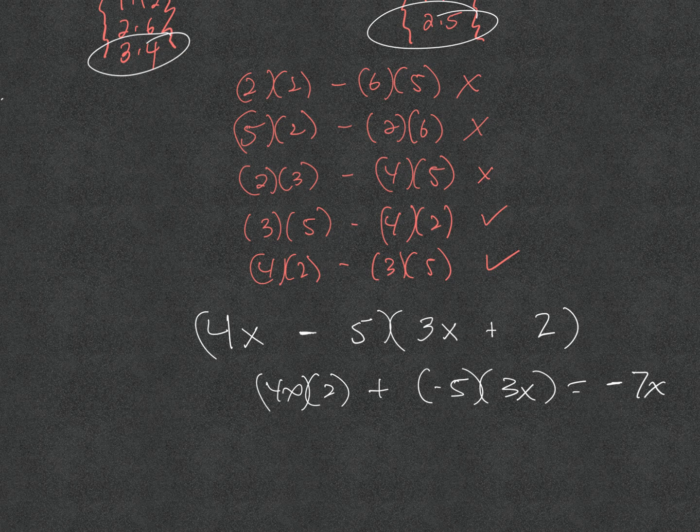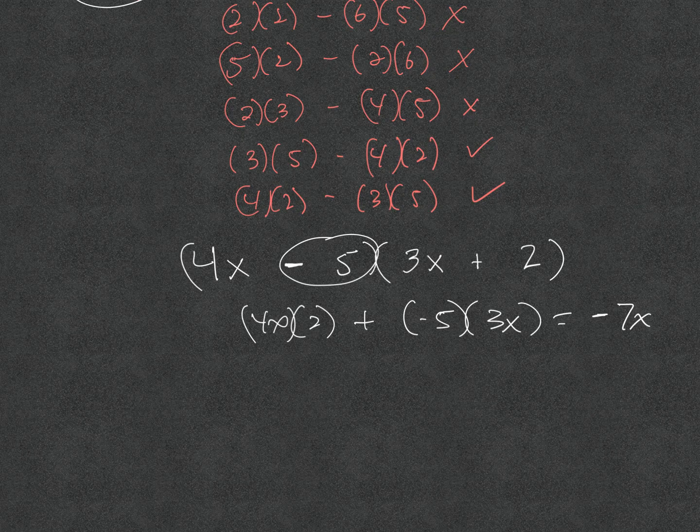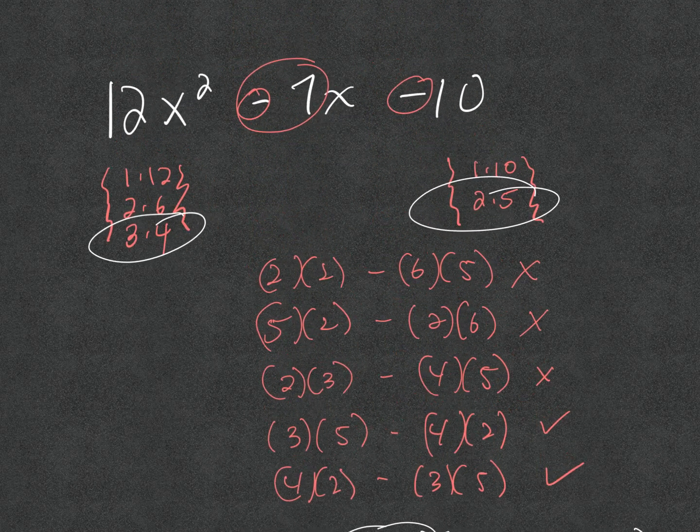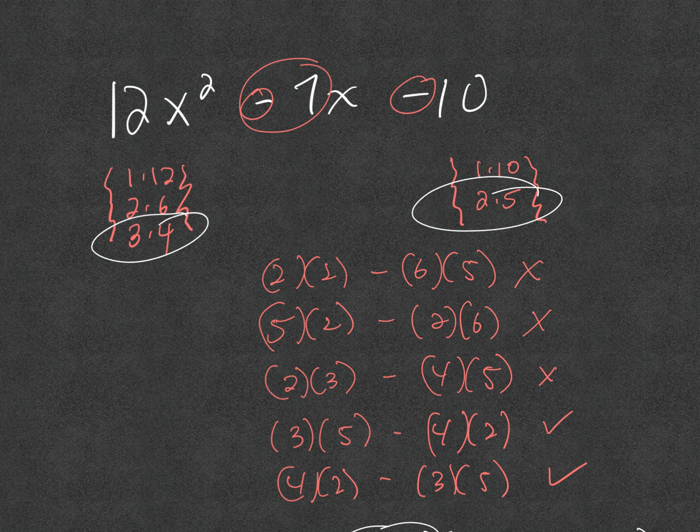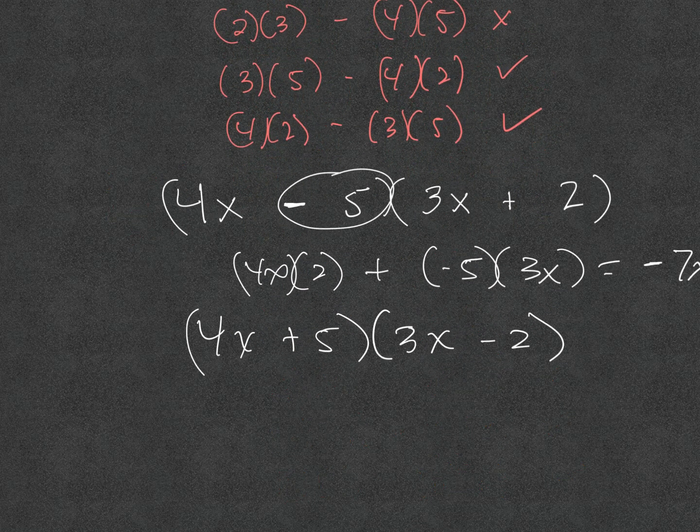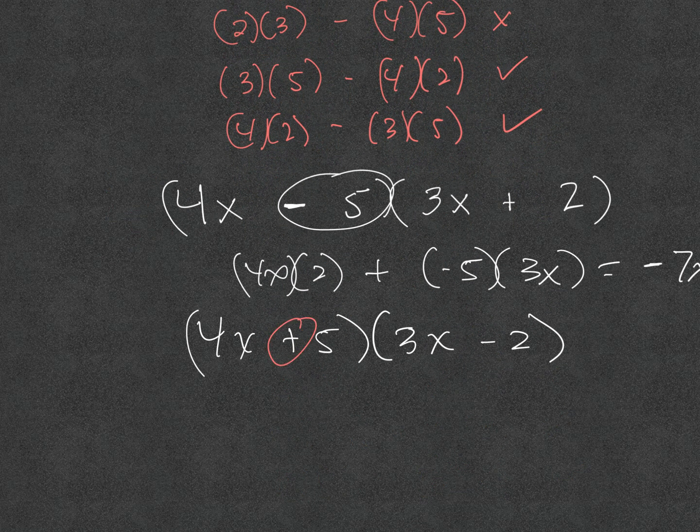So I want this to be negative, the negative 5 there, okay? Now, if I change that sign, that's not going to be the correct answer. Remember that when you have a negative, you're going to have a negative, positive, okay? So my answer again is 4x minus 5 times 3x minus 2.